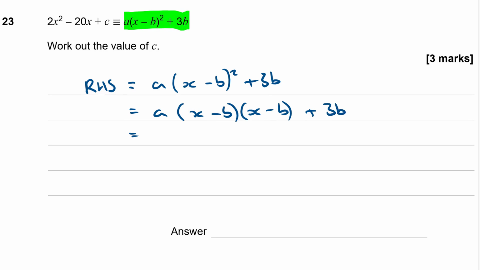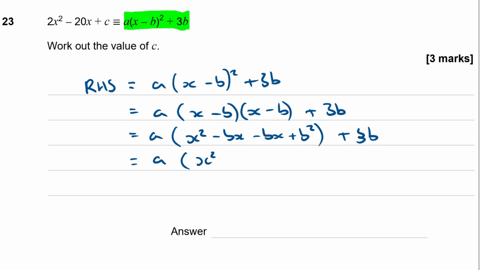And then that's a lots of x squared minus bx plus b squared plus 3b, which is a lots of x squared minus 2bx plus b squared plus 3b.